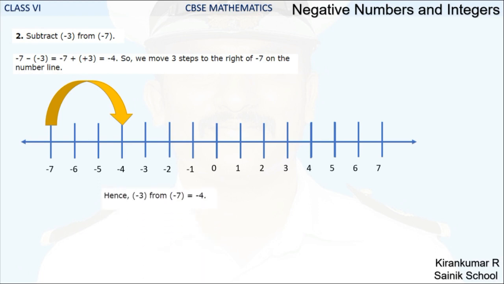Hence, when -3 is subtracted from -7, the result is -4.